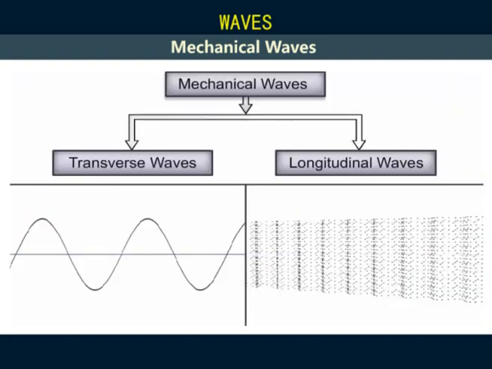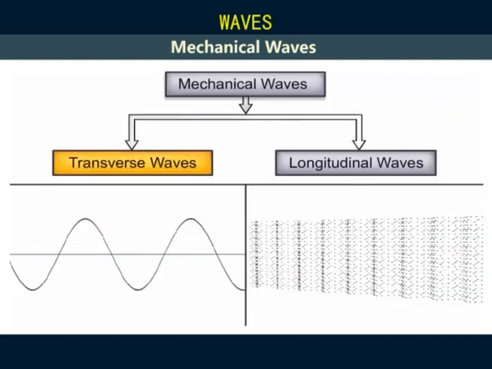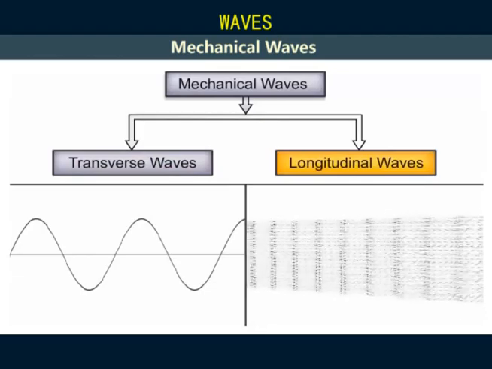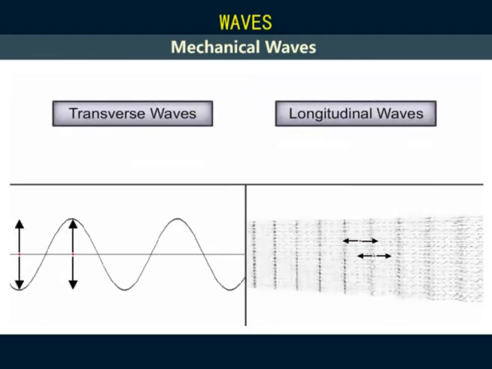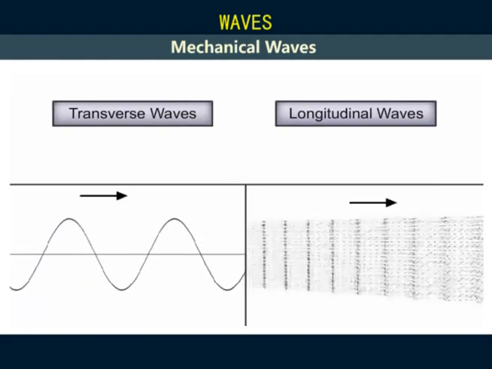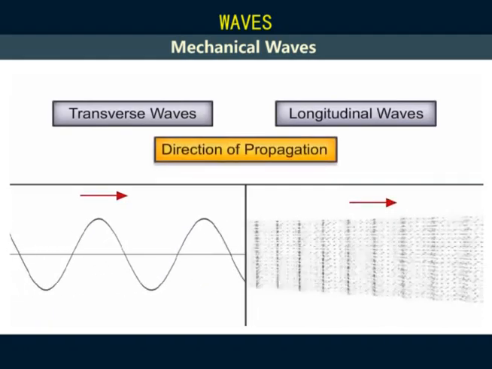Mechanical waves can further be classified into transverse and longitudinal waves. This depends on the relationship between the direction of displacement of the particles in the medium and the direction of propagation of the wave.